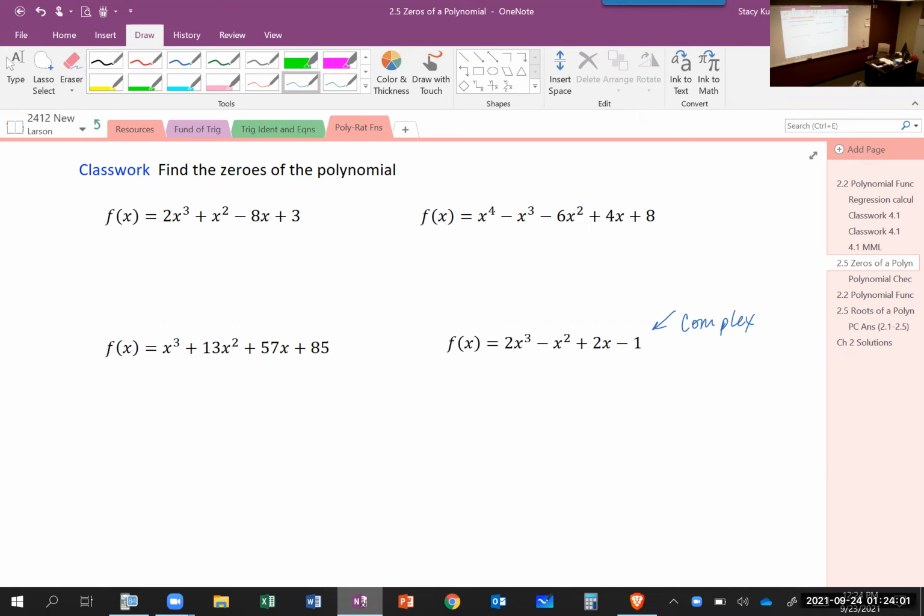Oh, it's 16 in it. It's 2a. So 2 times 4 is. Yes, our a is 1. So it's just 2. It's simplified, and that's where it's negative 1 plus or minus 2.